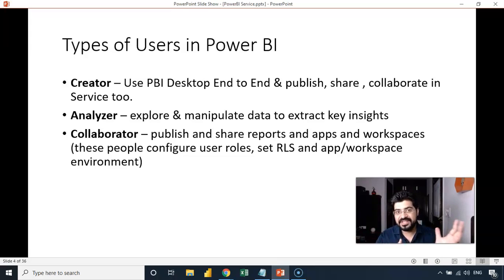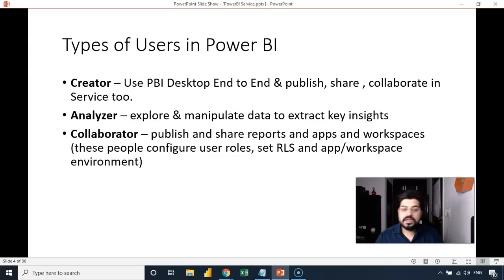We have accessed the data, we cleaned up the data, we modeled the data, we have written the DAX functions, we created the entire report, we published onto the Power BI service, and now we are understanding the entire environment of Power BI service where we will be sharing and collaborating with others. So as a creator, you are doing the same.